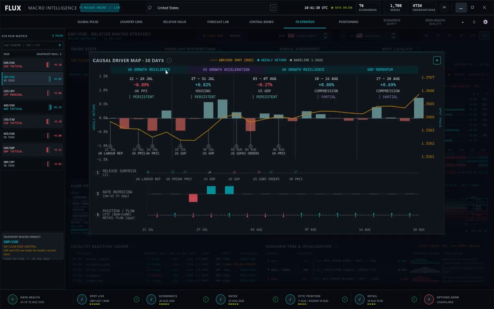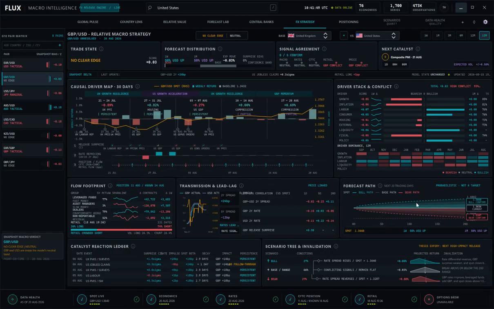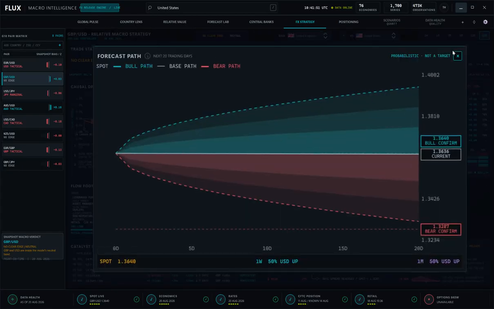These green and purple labels on top are automated and represent the current price situation, where we look at the price in terms of the economic data. So at the moment, it tells us that the British pound is bullish. And there's a complete forecast.